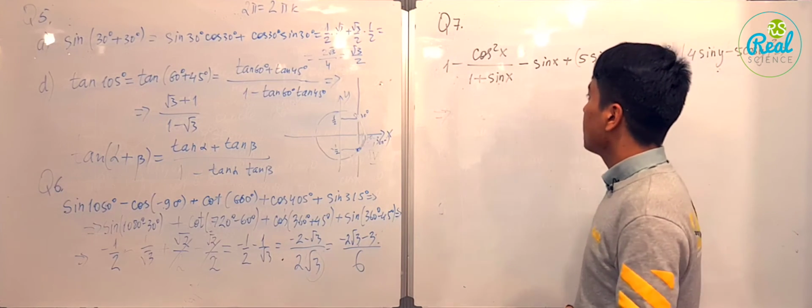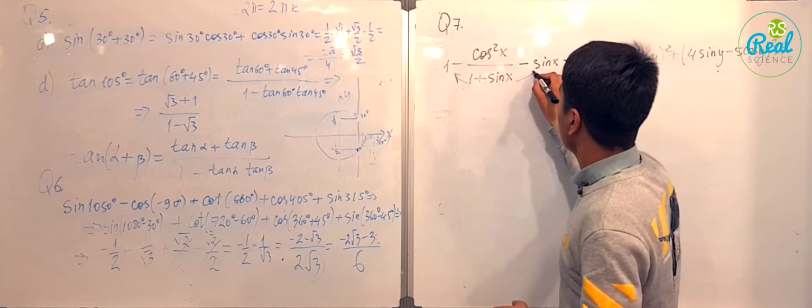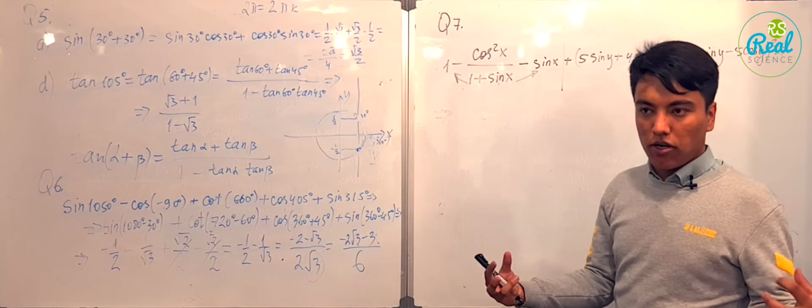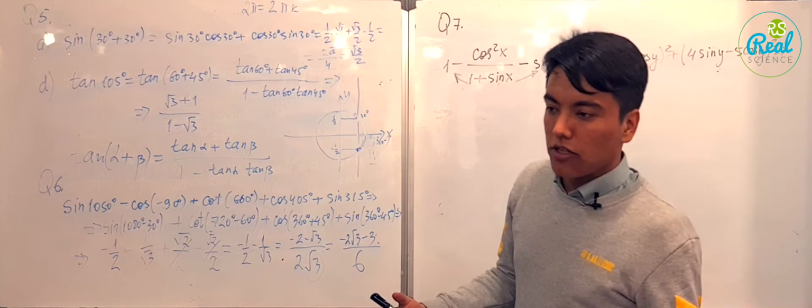So you may find this by multiplying to this side and to this side, up to this part. We're going to separate this question into two parts.